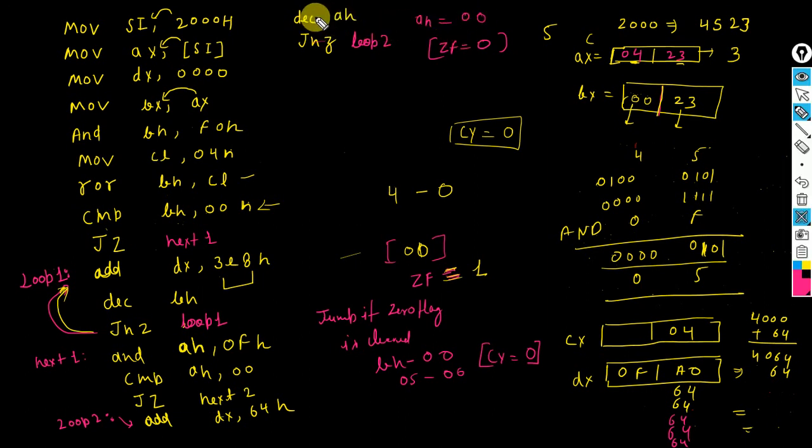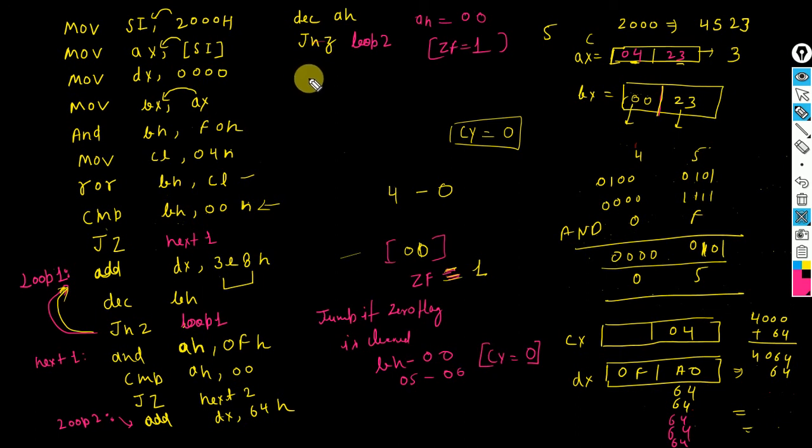So here we decrease our AH value by 1, so AH content is 00. In this case the zero flag status is 1. It's jump if zero flag is clear, but it is not clear, so this loop is not working here. Move to the next instruction.